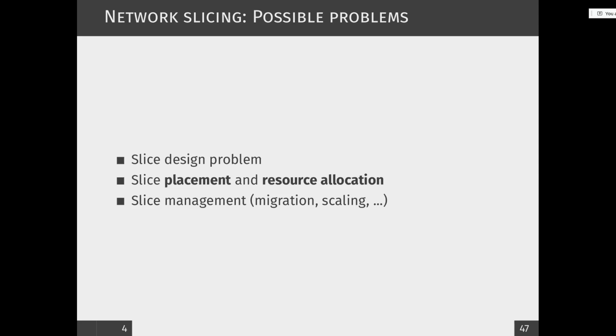And then you have the placement and the resource allocation, where you have the network specified and you want to place it in the best possible way, given some objective, in my case, energy or resource consumption. And the third thing you could think of is slice management. So after the placement, how do you handle the life cycle? So maybe you have to scale up or down your resources to handle more users, these kind of problems.